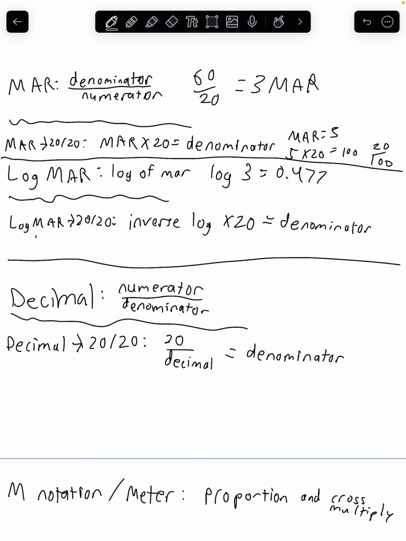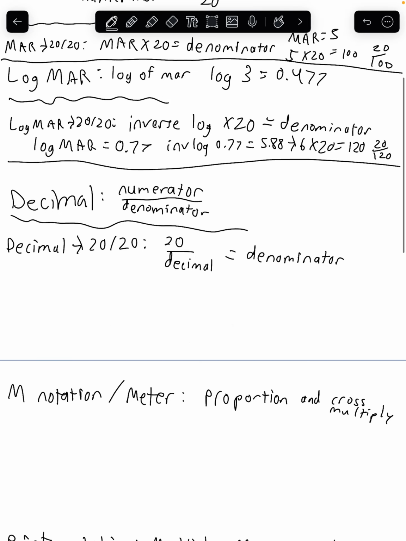So if I said the logMAR is 0.77, if I take the inverse log of 0.77, which is the same thing as 10 to the power of 0.77, that equals like 5.88, which I'm going to round to 6. And I'm going to take that number, multiply by 20, so 120. So this is 20/120.